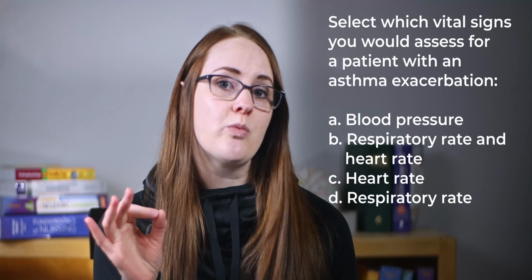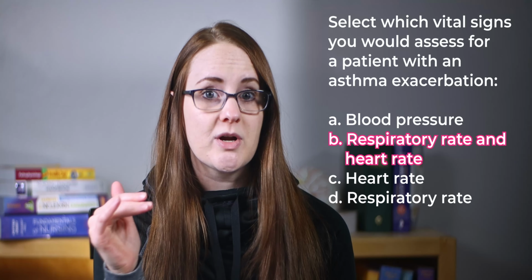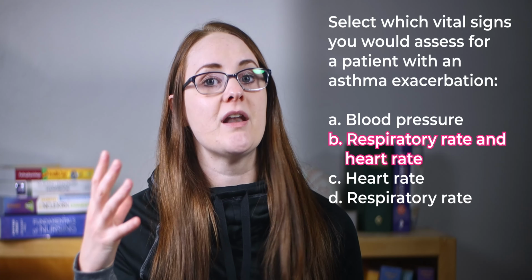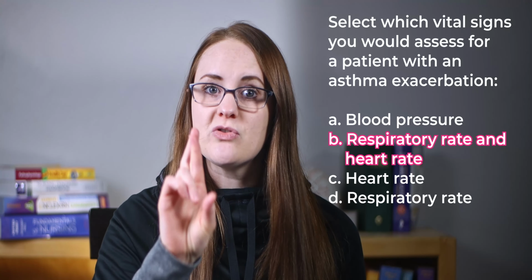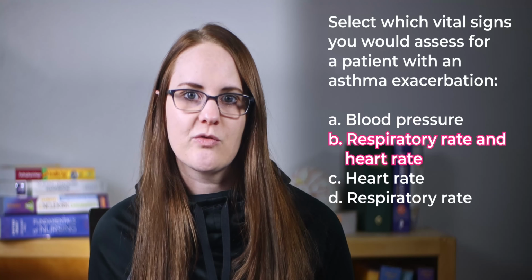So for example, if you get a test question on which vital signs you would assess for a patient with asthma maybe, it may look like this. Now, you would want to go with the umbrella answer of respiratory rate and heart rate, since it includes a piece of another answer and combines the two things that you would be assessing for in a patient with shortness of breath.